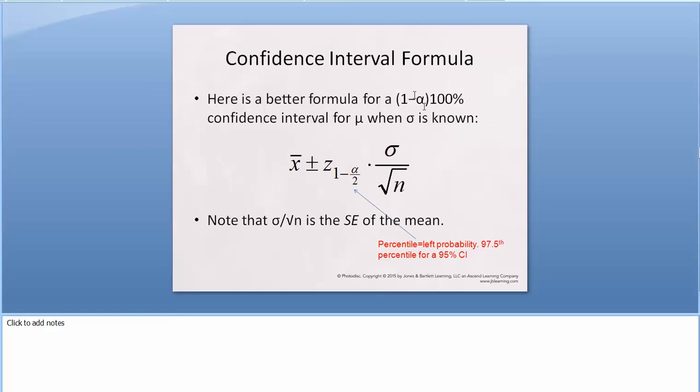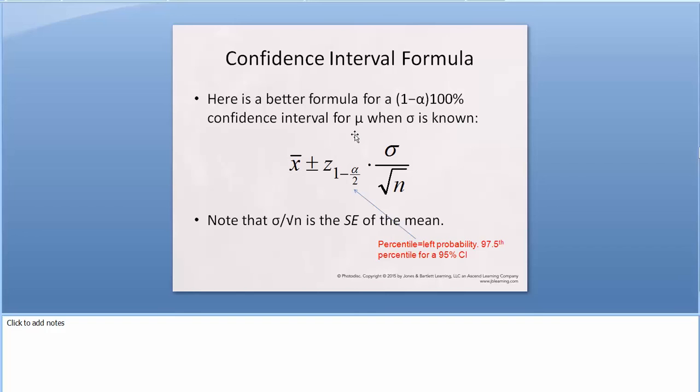Now, to get this number, this is actually the percentile. To get the percentile, we need the left proportion. The left proportion will be alpha by 2 from the leftmost left tail plus the middle portion. So alpha by 2 plus 1 minus alpha will give you this.